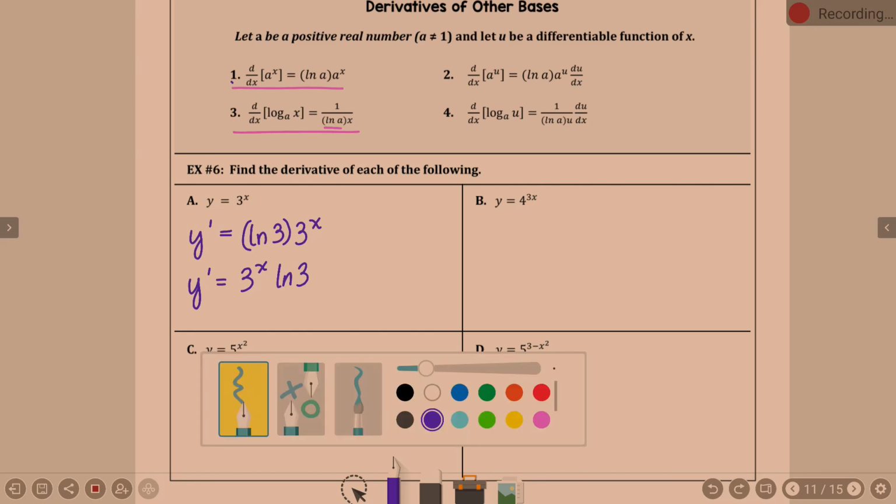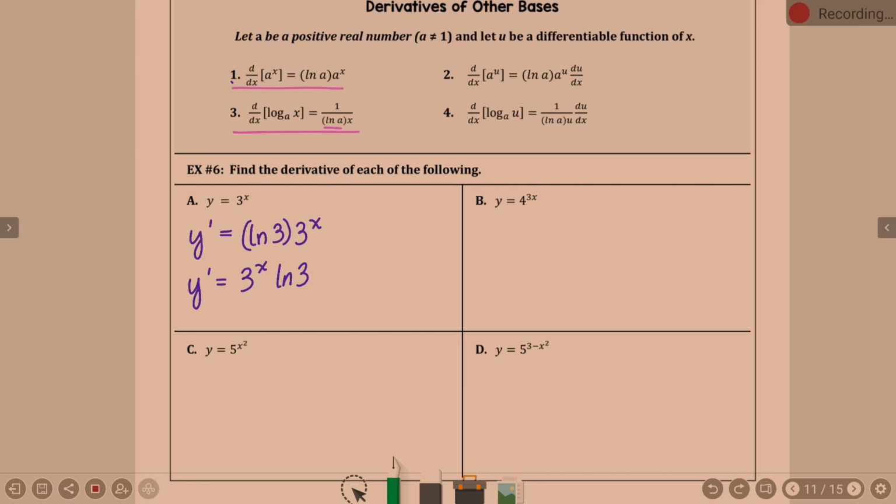B. y equals 4 to the 3x. Okay. What's the derivative of 4 to some power? It's going to start off the same way it did last time, where you have to do natural log of the base. So natural log of 4, then times 4 to the power, which is 4 to the 3x. What's the catch this time?